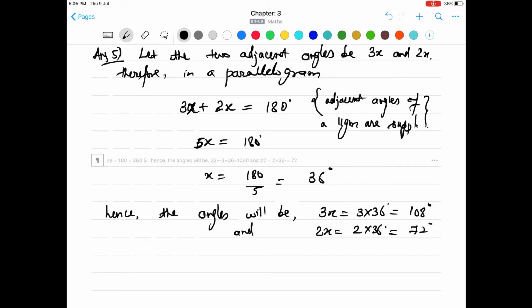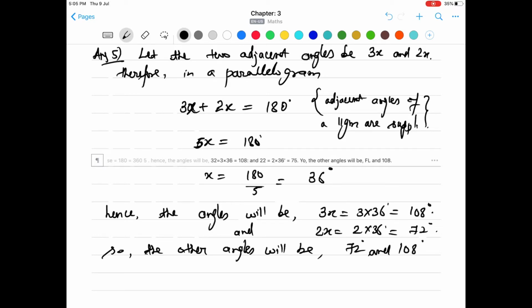Okay, similarly the other angles will be 72 and 108 degrees, because their opposite angles will be equal. The angle opposite to the 72 degrees will be 72 degrees, and the angle opposite to 108 will be equal to 108. So the four angles are 72 degrees, 72 degrees, 108 degrees, and 108 degrees.